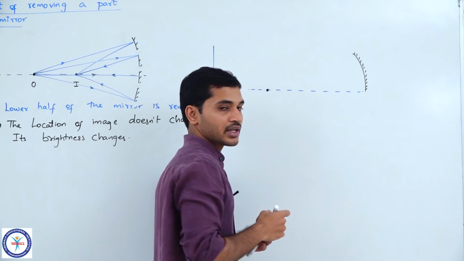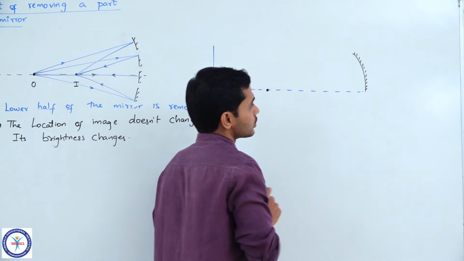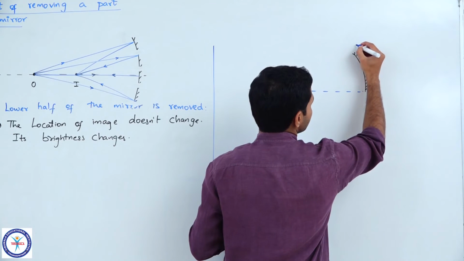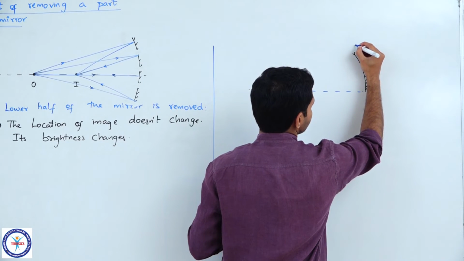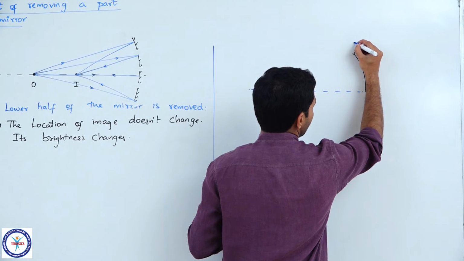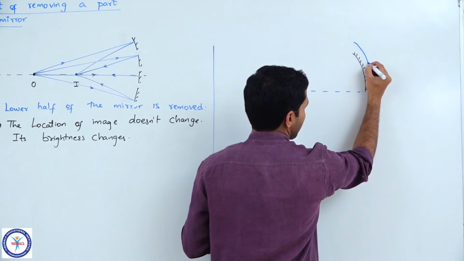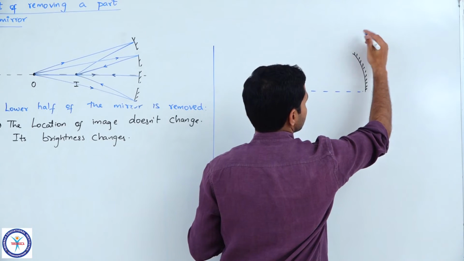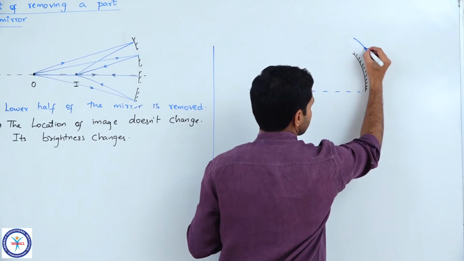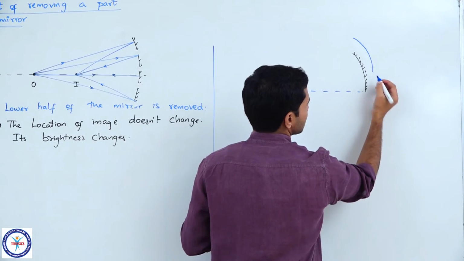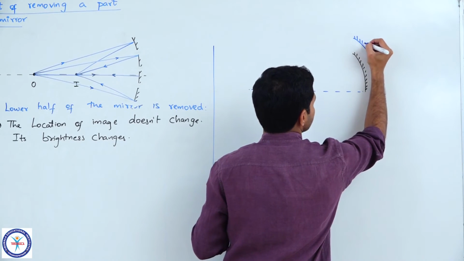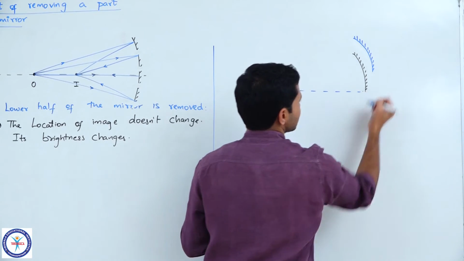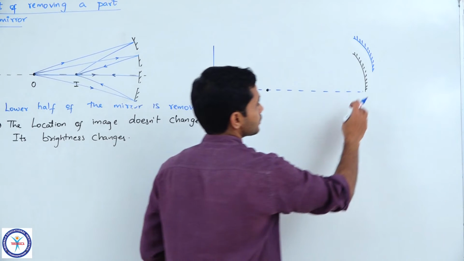So, to represent that, I will use a different color here. I will represent the new position of the mirror with blue. So, let us say this is the new position of the mirror. So, the mirror is finally like this. Let us just consider a scenario like that.